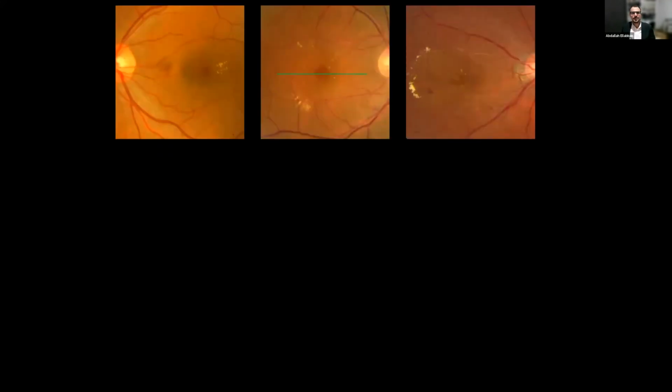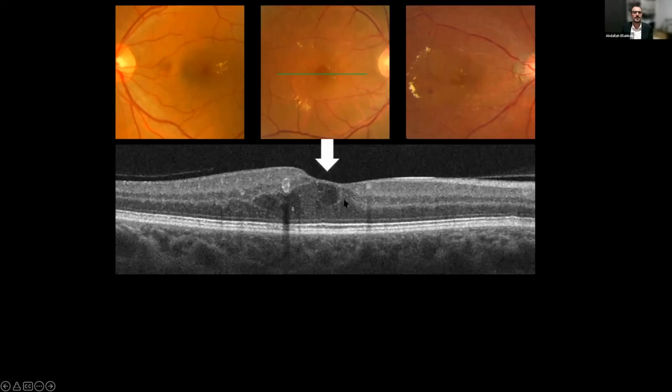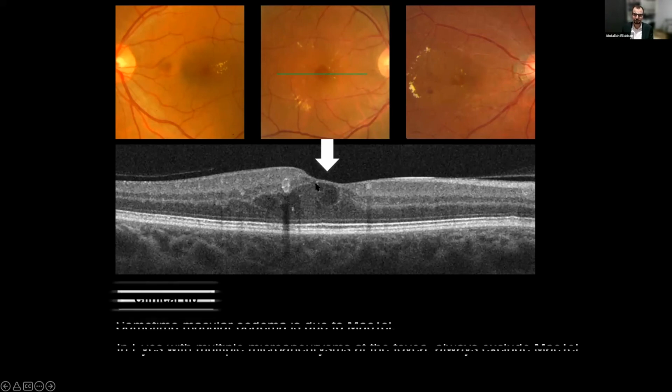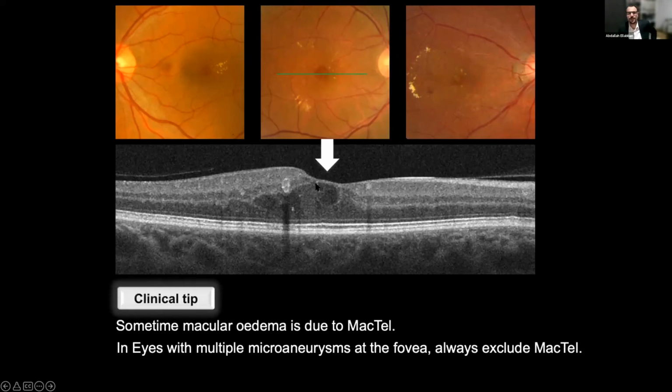Another interesting thing to correlate with diabetic retinopathy: for example, these are 3 cases. When you look at the OCT, like the one in the middle, they have very similar changes. You have microaneurysm, cystoid space. But interestingly, when we did further multimodal imaging, these 3 patients have macular telangiectasia, and all are known to be diabetic.